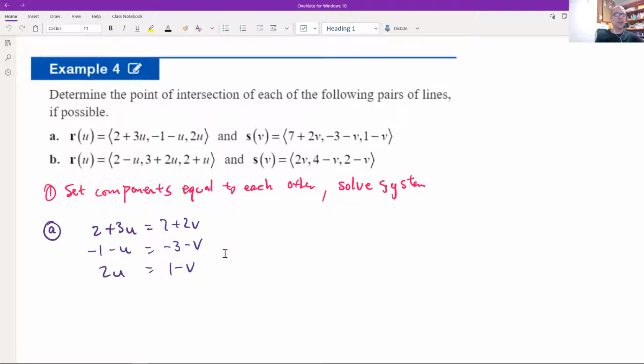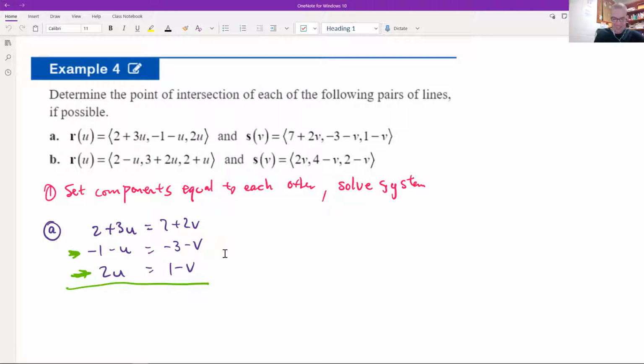And solving that using elimination or substitution, are there any good candidates? Let's take this one and this one, and we're going to subtract one of those equations from the other. We'll just subtract the bottom one from the top one since it's already there.